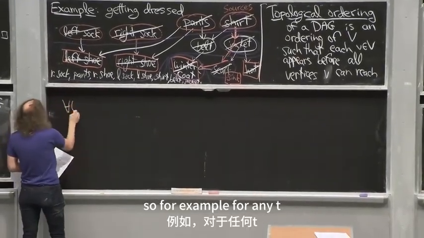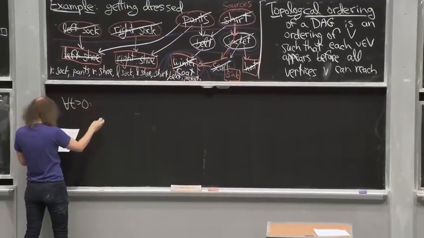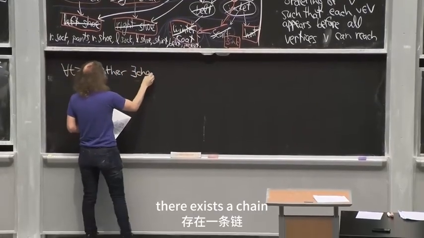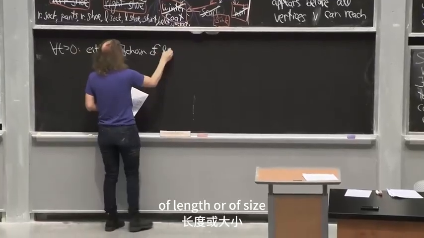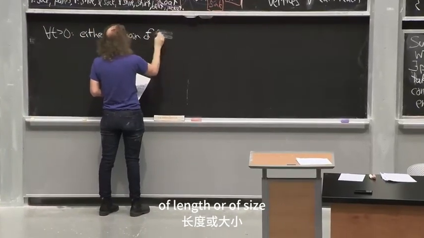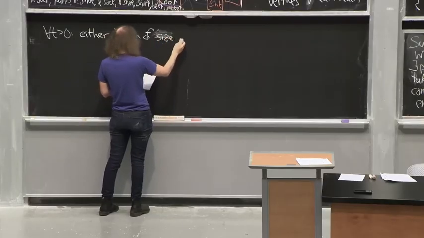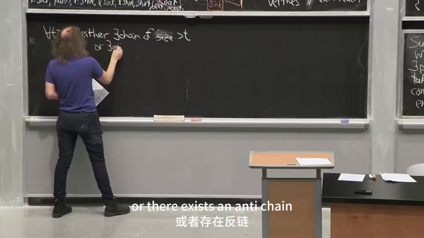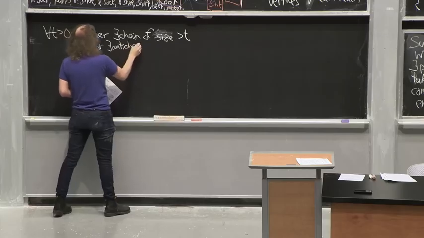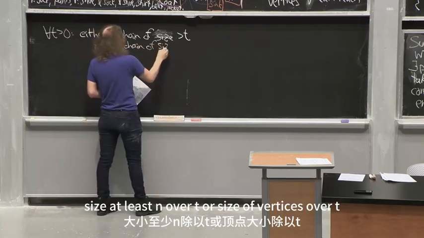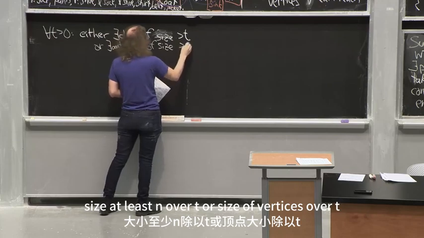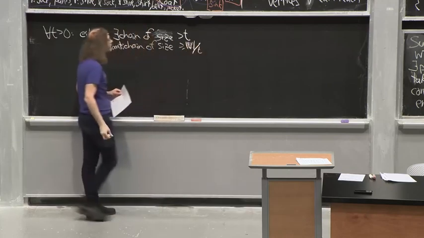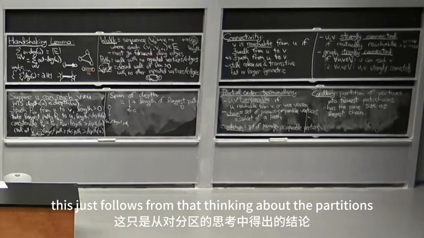So for example, for any t, either there exists a chain of size greater than t, or there exists an antichain of size at least n over t, or I guess size of vertices over t. Okay, this just follows from thinking about the partitions.